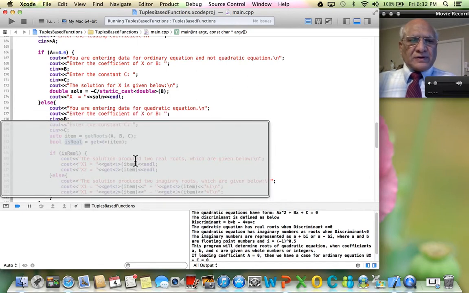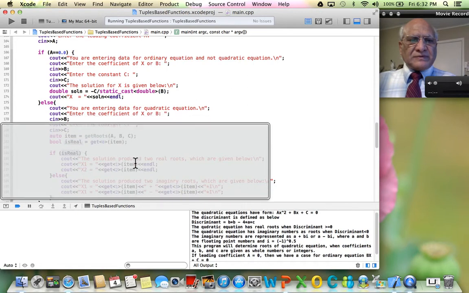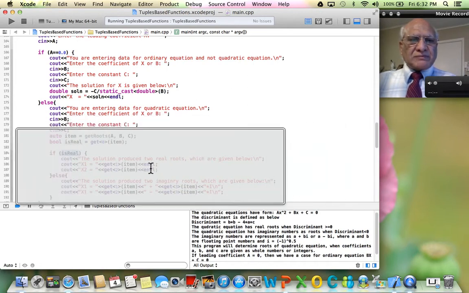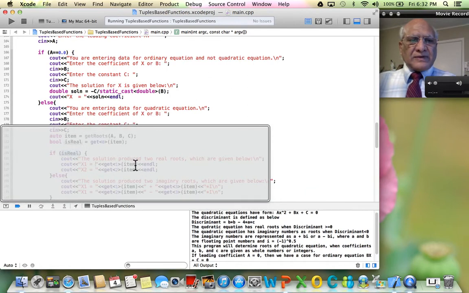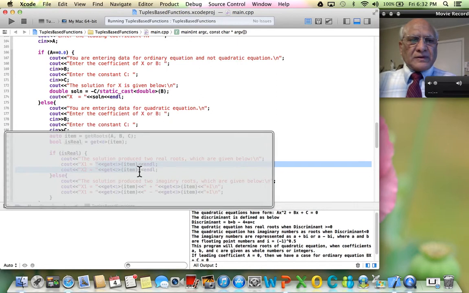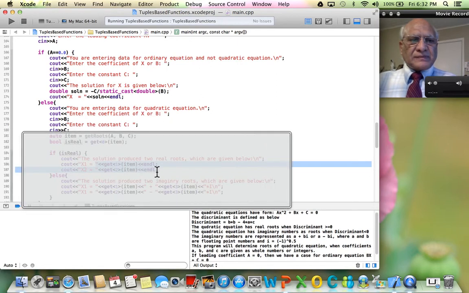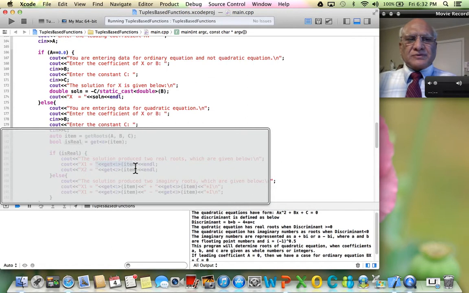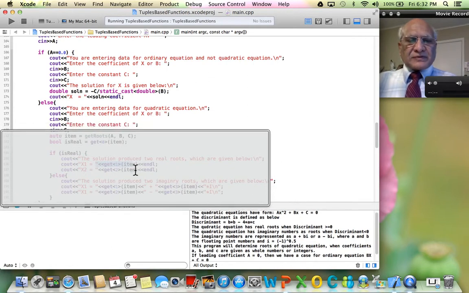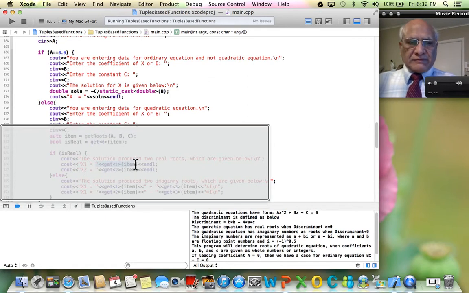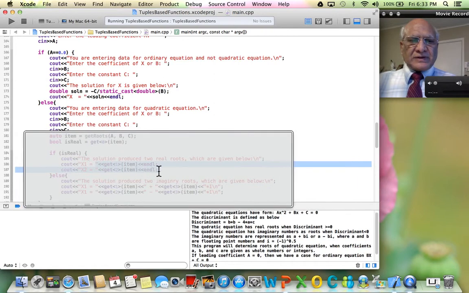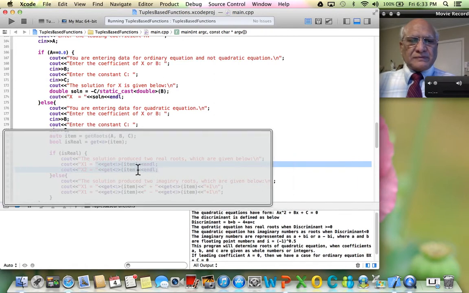So I say if is real, which means if this is true, the solution provided two real roots which are given below, and then we have x1. So we get item 1 and item 2 using the get function of the tuple, and we print those. Two real roots. If the discriminant is 0, then x1 and x2 will be the same actually, but we just get item index 1 and index 2 from the tuple.